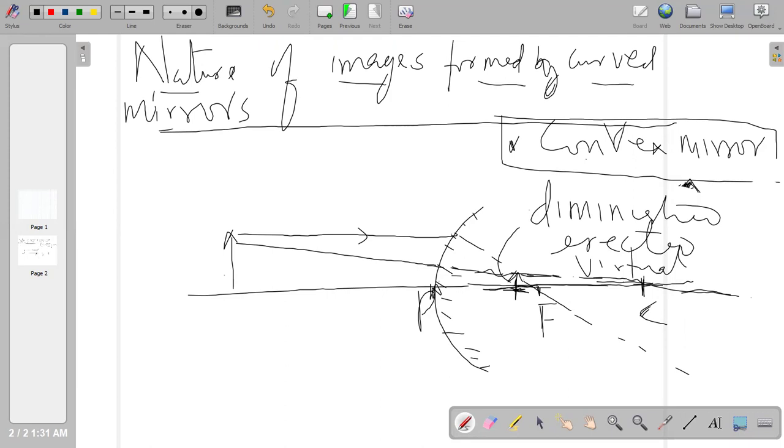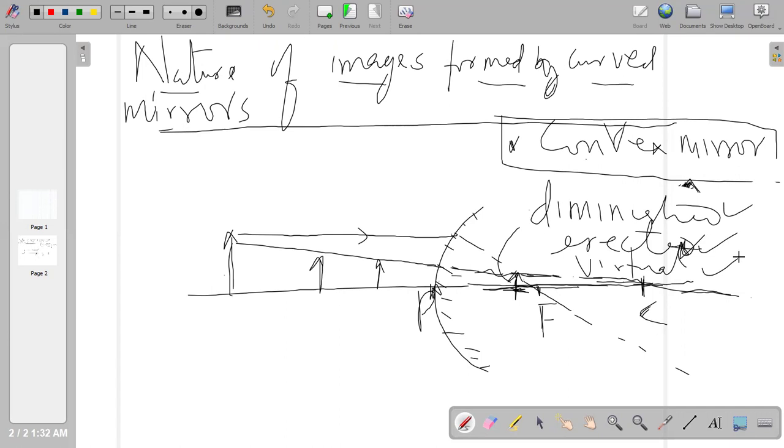Whatever the position of the object, whether it is here or here, the image formed will be diminished, erect, and virtual. These are the properties of the images.